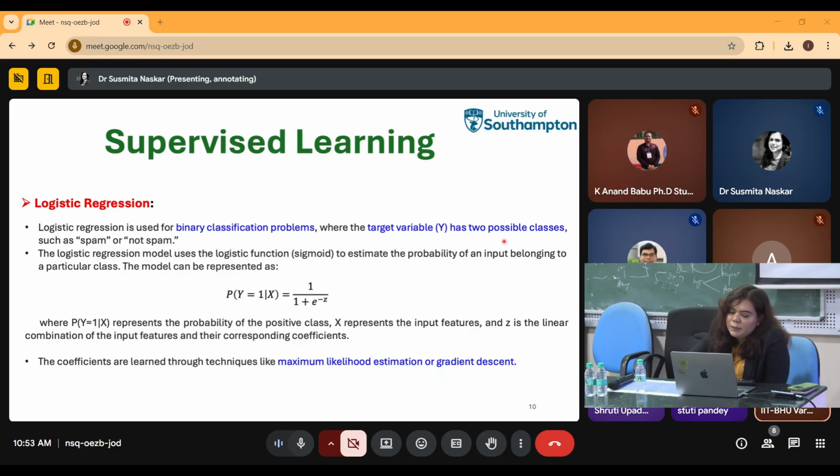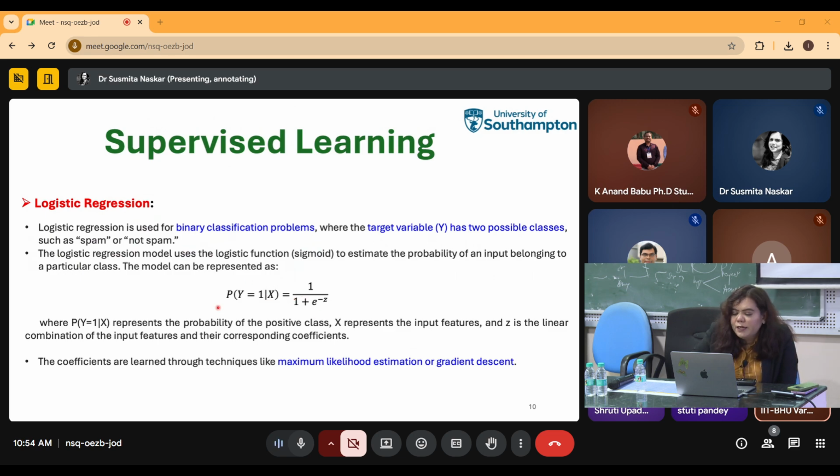And the mathematical expression looks something like this, where P represents the probability of the positive class, X is the input feature, and Z is the linear combination of the input features and the corresponding coefficients.